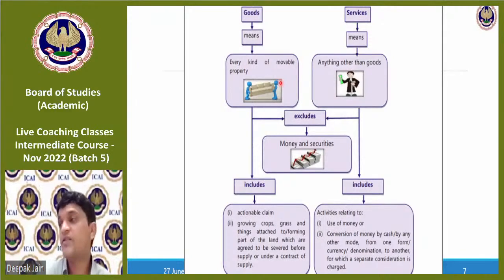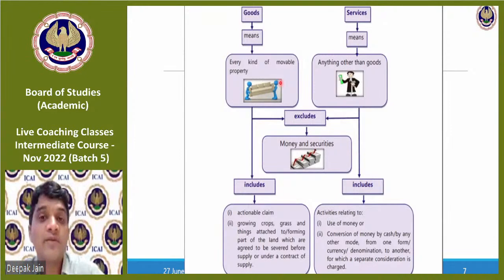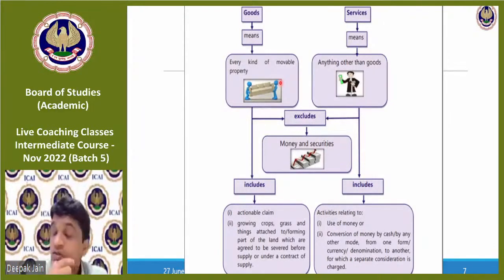Instead of me severing, I've told the person who is buying it to sever. So you cannot claim that no, it is immobile property, it is not goods. It is goods because we have entered into a contract to sever the goods. So it is also goods. So goods means every kind of movable property. It excludes money and securities, but includes actionable claim and growing crops.